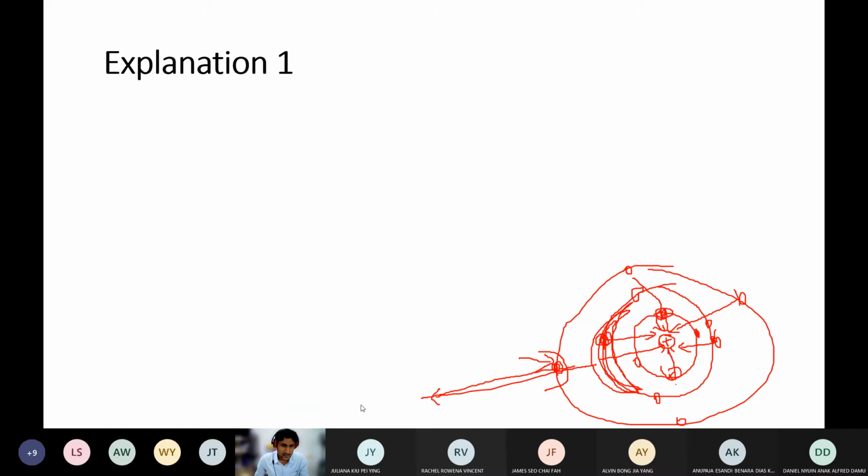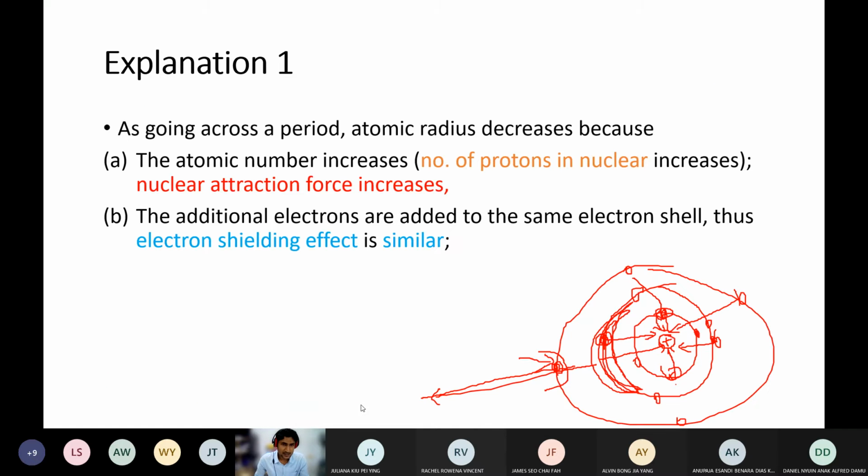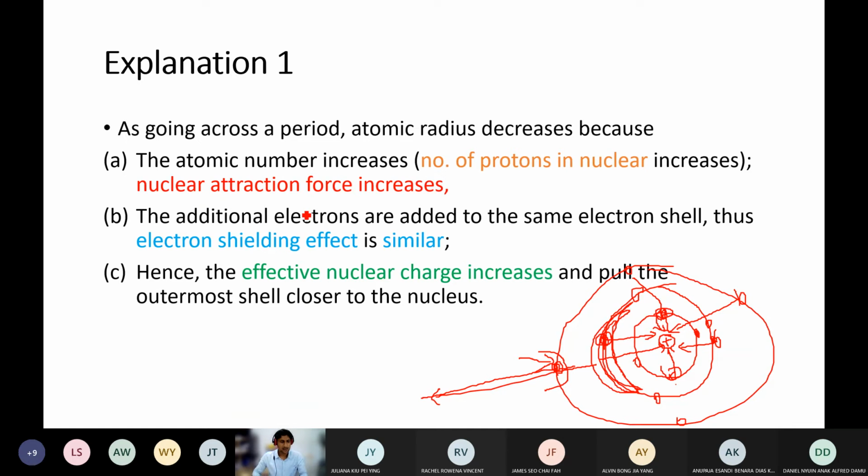We can study the shielding effect by ionization energy, but we will not do it now; we have to finish other things. Number C: the effective nuclear charge increases and pulls the outermost shell closer to the nucleus.